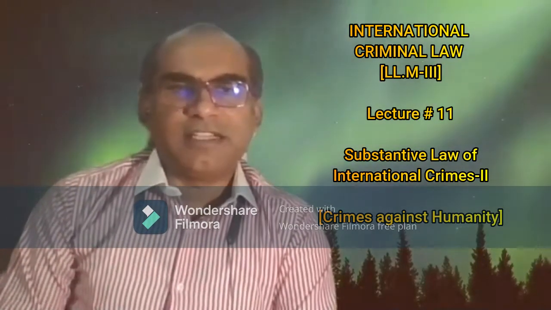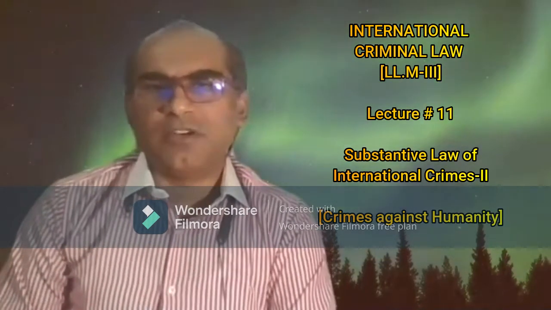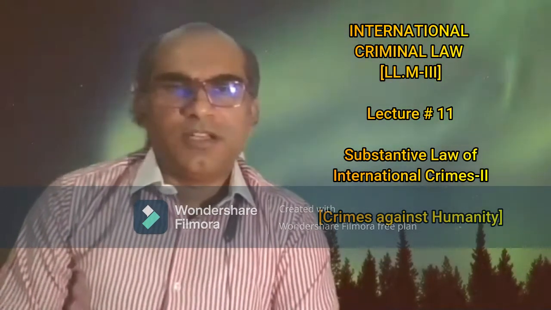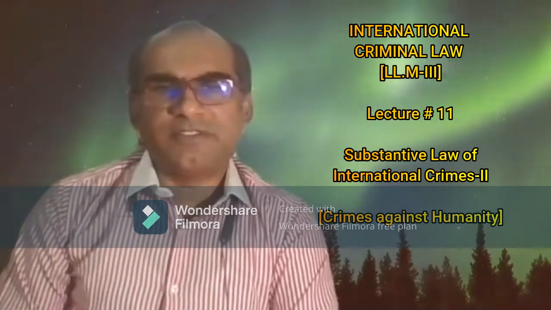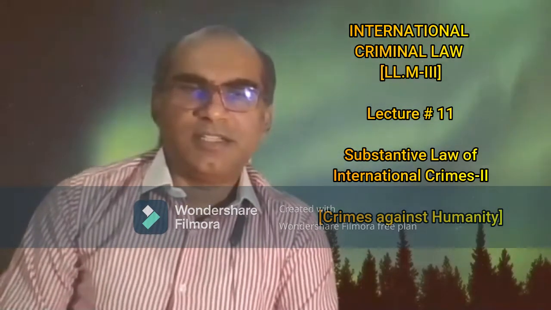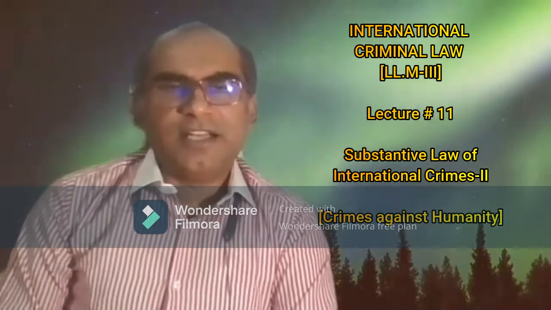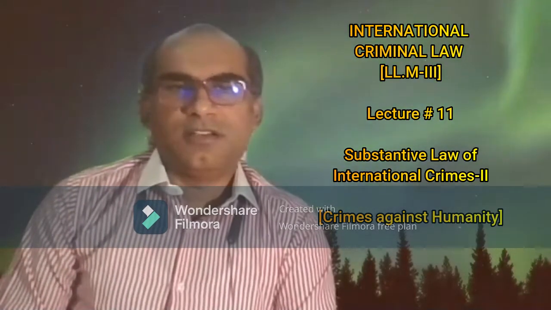The gravity of the conduct was such that it was in violation of the fundamental rules of international law, and the perpetrator must have been aware of the factual circumstances that establish the gravity of the conduct. And further, the widespread nature and the actus reus and mens rea are further elements of that crime.